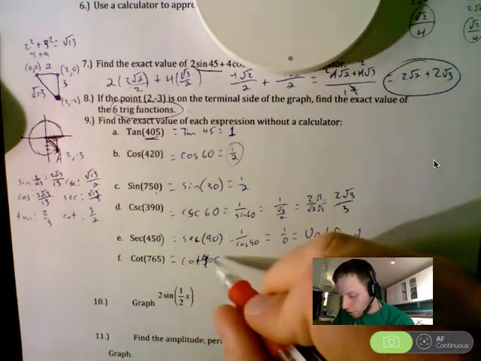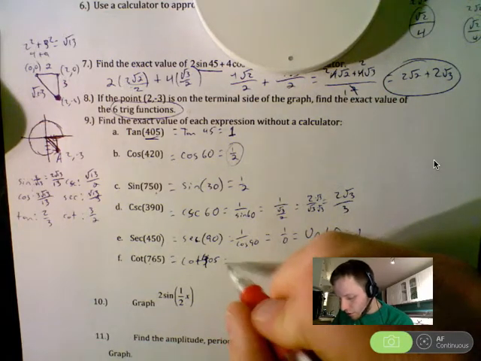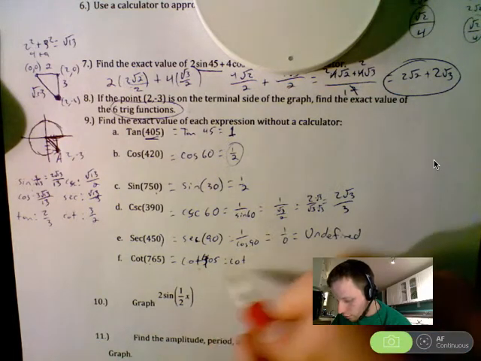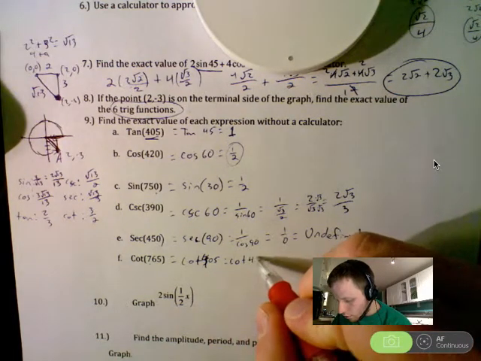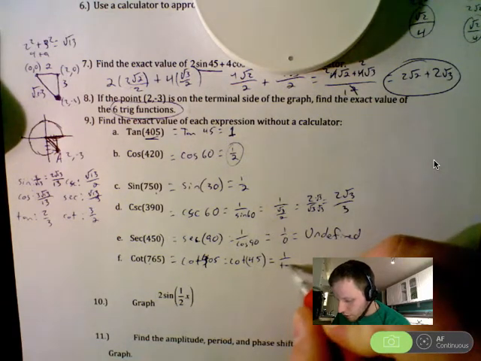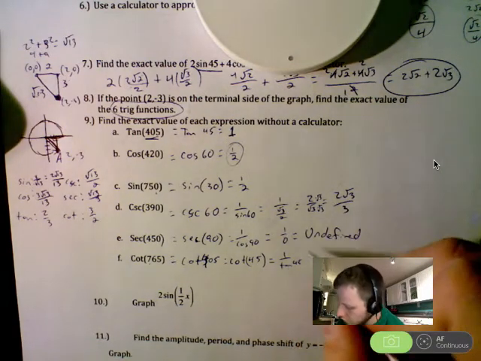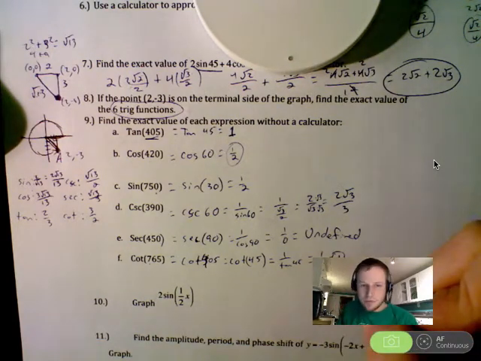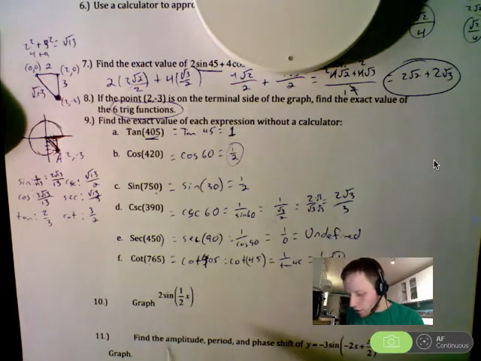Sorry, brain fart. Which is the same as subtract 360 again. Cotangent of 45, which is the same as 1 over tangent of 45, and tangent of 45 is 1, so 1 over 1, so that's 1.